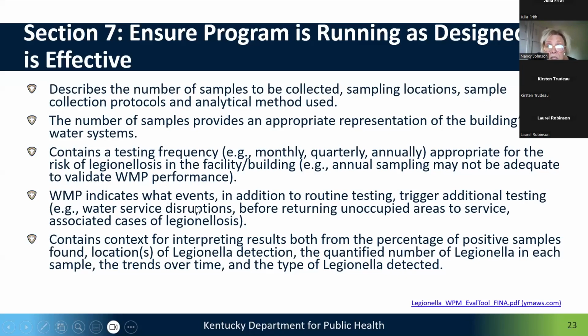Your water management plan should indicate what events, in addition to routine testing, will trigger additional testing. What happens if you have to shut down a wing to do some type of plumbing upgrade? How will you check that? What happens when you want to return a wing back to service?